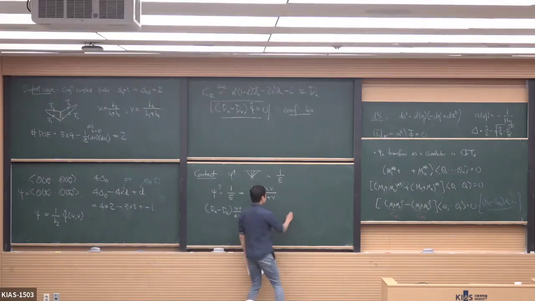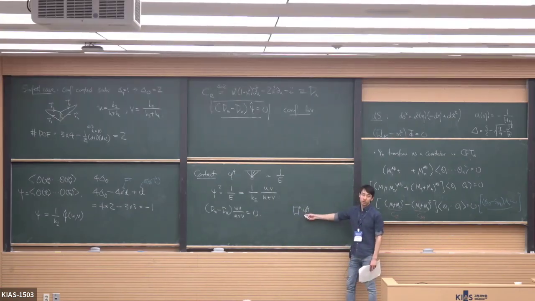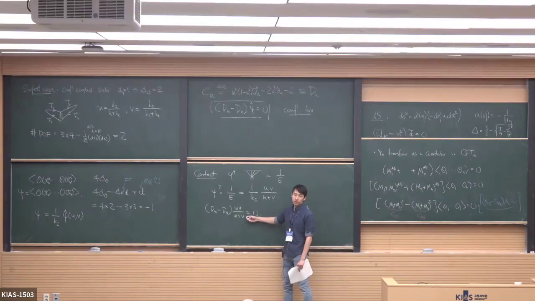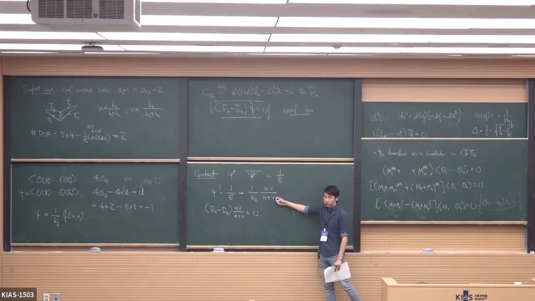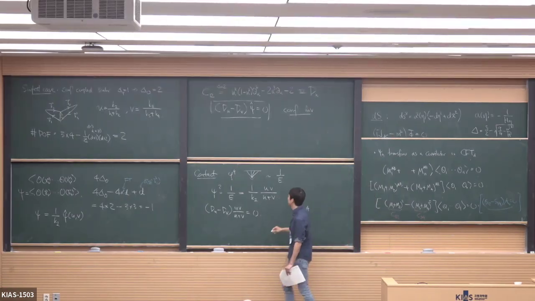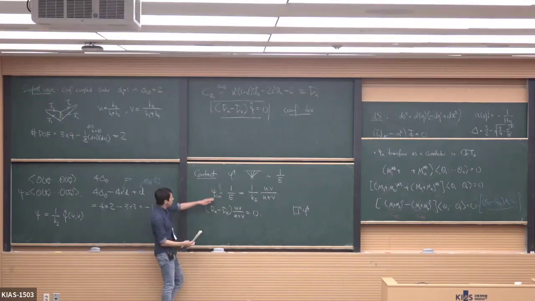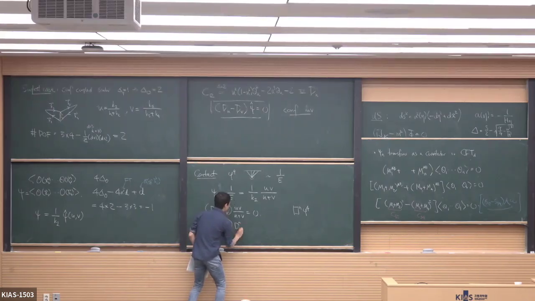What about other contact interactions, like higher derivative contact interactions? It turns out there's a very simple way of generating the corresponding wave function for the higher derivative interactions. If you know this solution, let me call it psi contact, you can generate different solutions by simply acting with this operator n times.